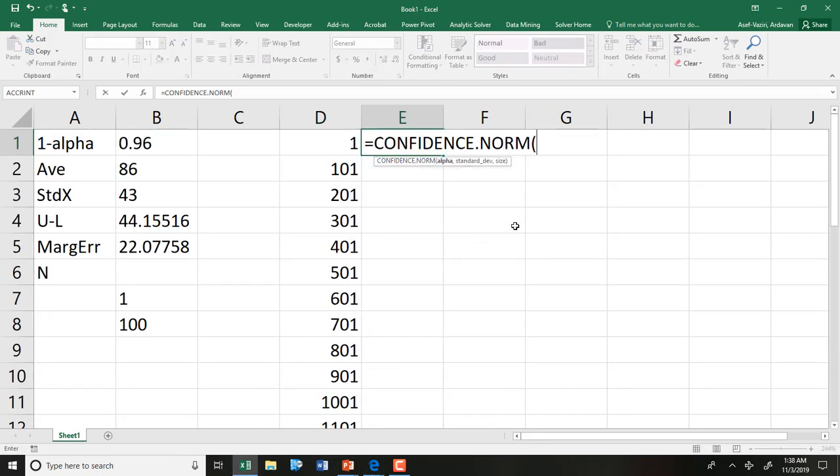Confidence norm, what is alpha? 1 minus, and I should lock it because I'm going to copy it down. What is the standard deviation? Standard deviation of the sample, not that of the average. It's set and I lock it. And what is the sample size? The sample size is this one and I don't lock it.